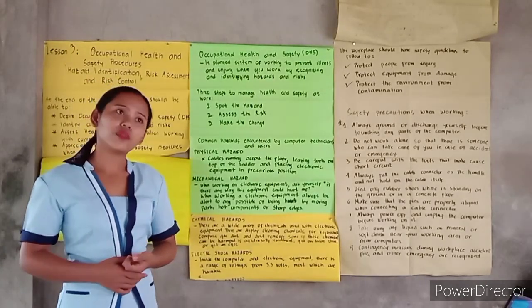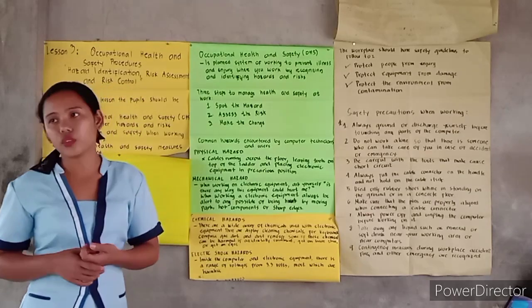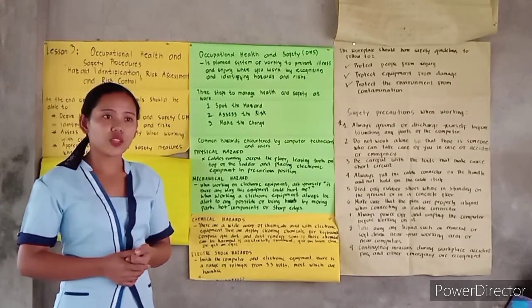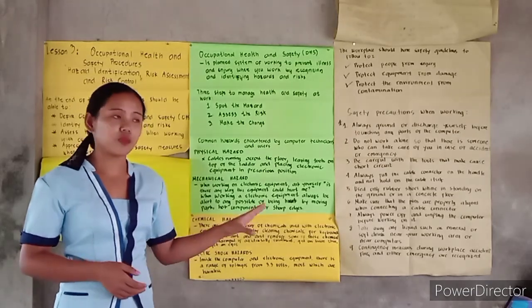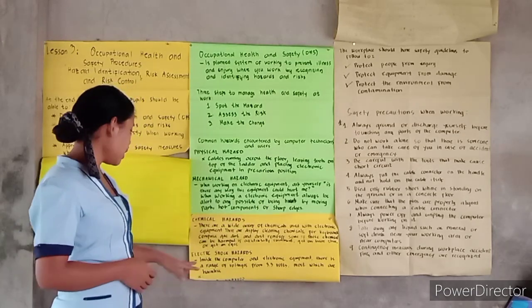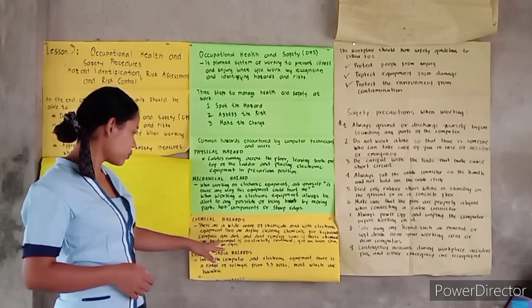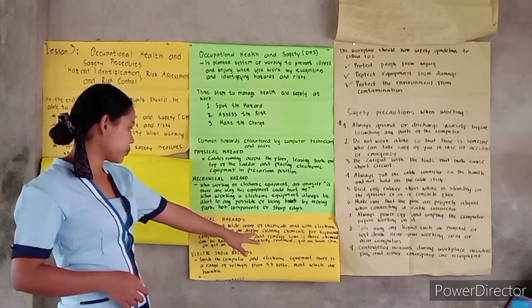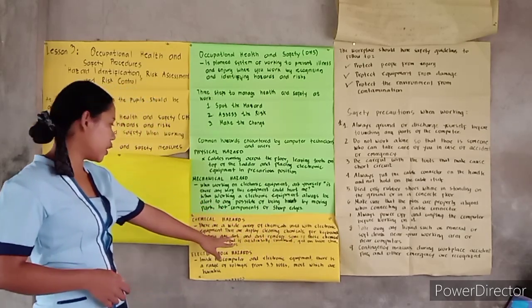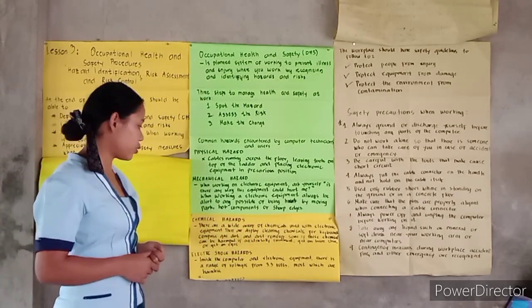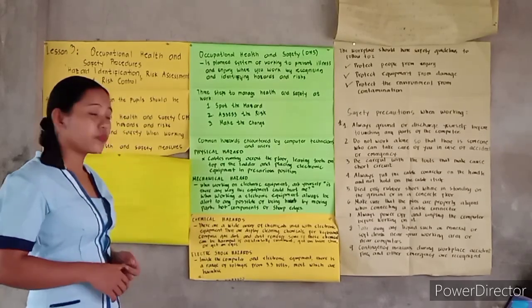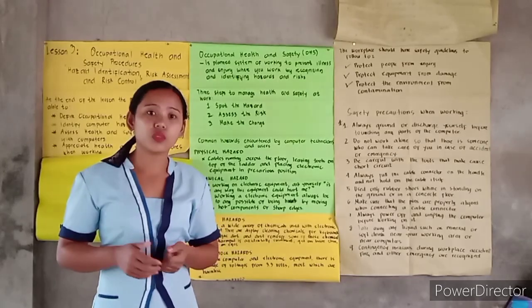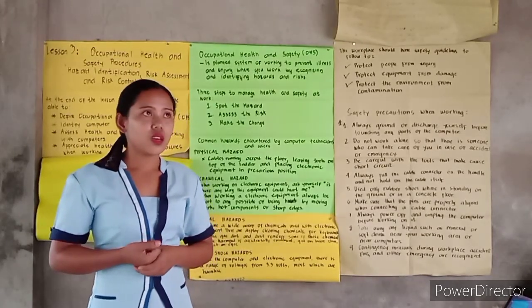In any computer laboratory or internet shop, they are using chemicals, like for cleaning the keyboard, cleaning their monitors, and also there are a lot of chemicals that will cause damage or accident.